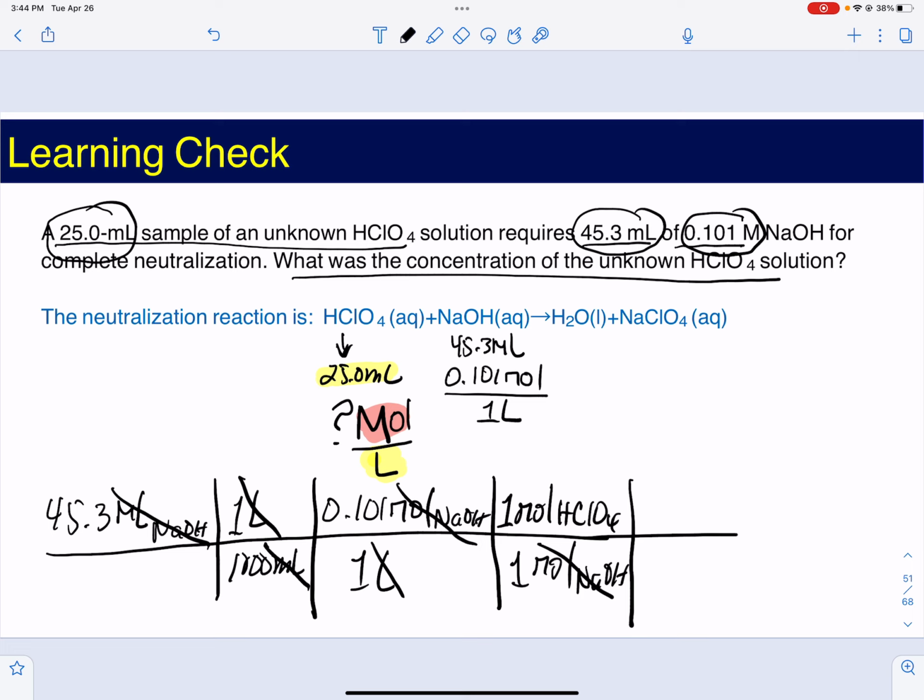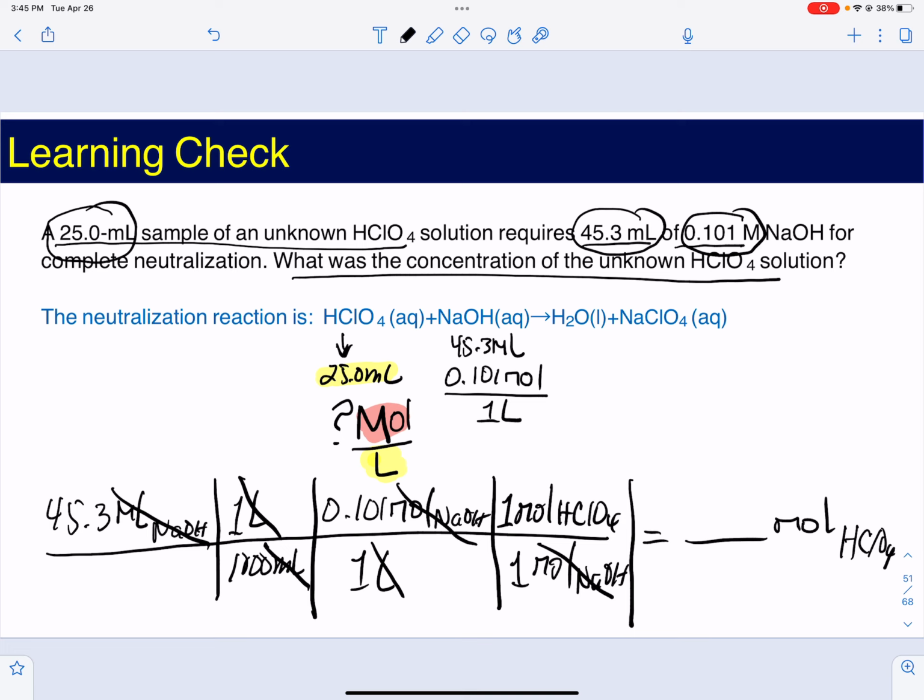Since all I need is the molarity, let's see how many moles that is. So, a simple calculation: 45.3 multiplied by 1, multiplied by 0.101, multiplied by 1, divided by 1,000, divided by 1.